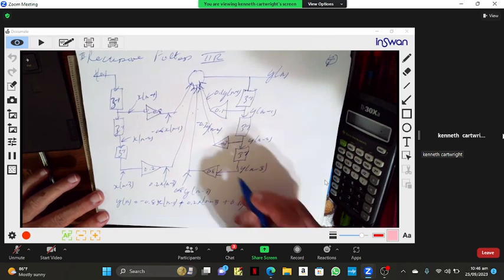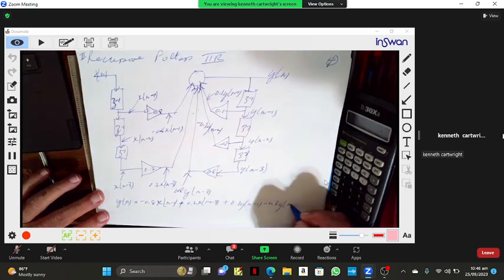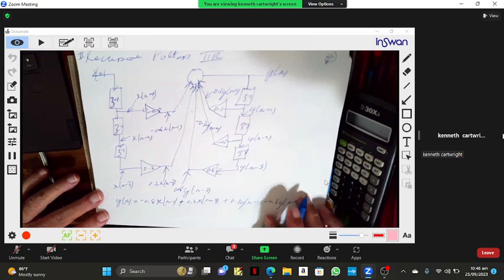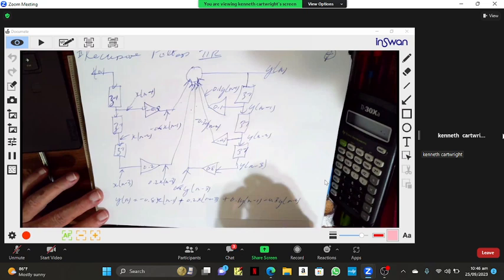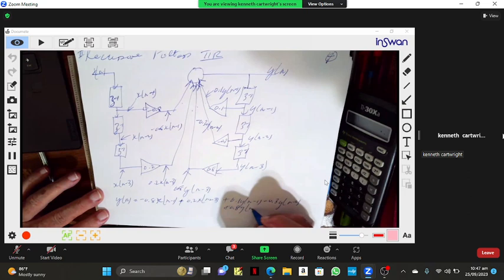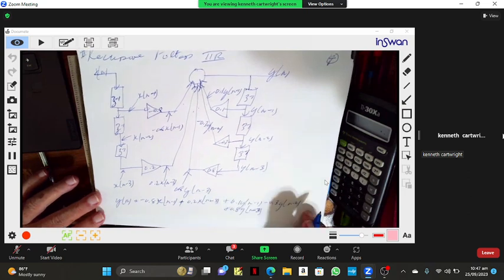That's that one. Minus 0.3 y of n minus 2. Plus 0.8 y of n minus 3. Any questions about that?